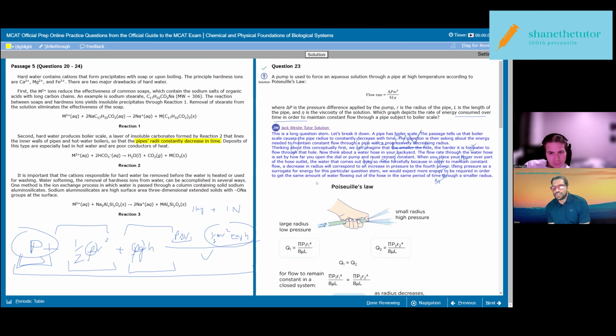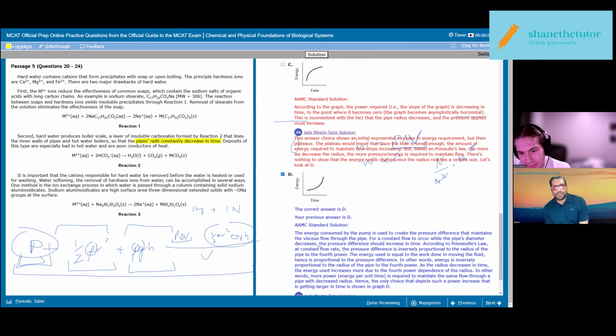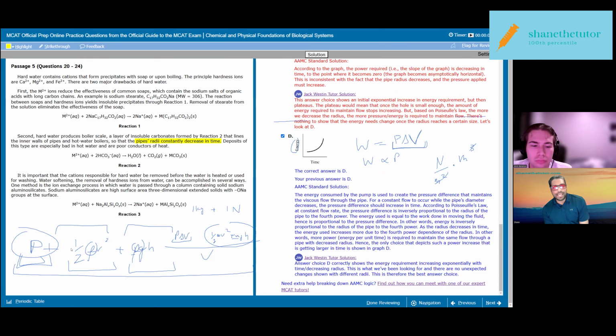So over time, we should see the energy increase. That's why I got rid of A, and I got rid of C as well. Then it's a matter of whether it's a linear or parabolic increase, and since it's radius to the fourth power, it's an exponential curve pointing like that.